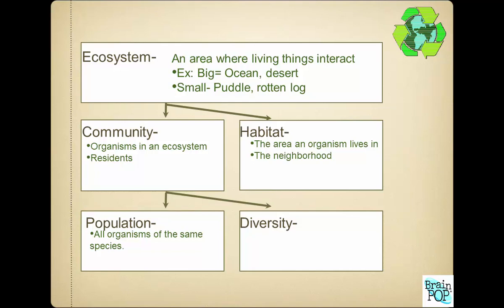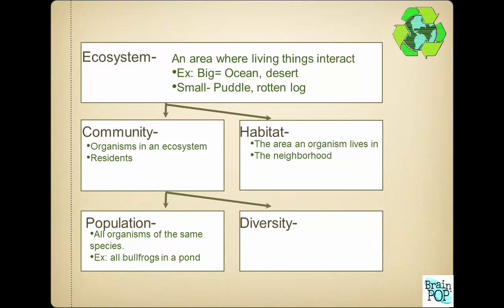Ash tree, white pine, two white pines, there's a red cedar out there. All right, so we could think about just the red cedar bush that's out there. That's one specific population. Or we could talk about the population of robins that are living in the courtyard. Or the population of squirrels. So it has to be specific to a species. For example, say all bullfrogs living in a pond.